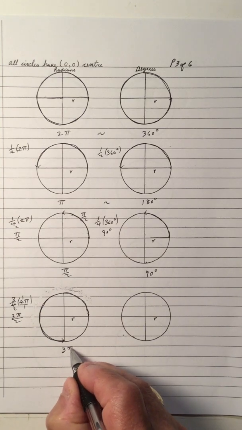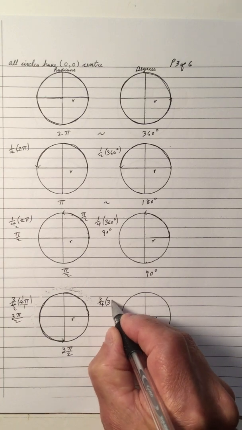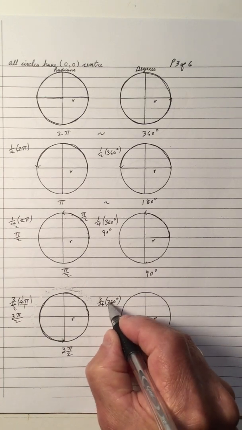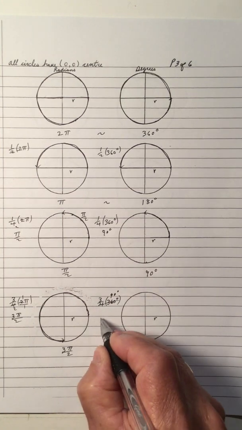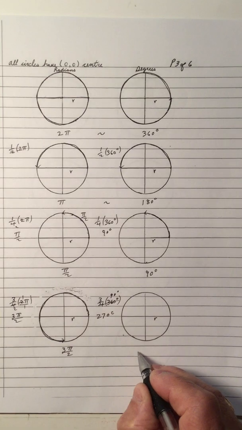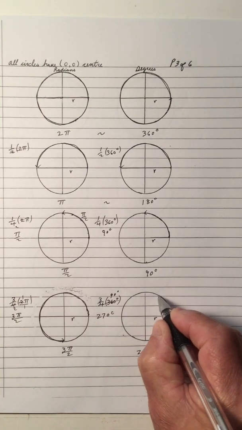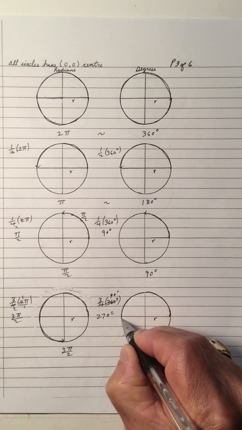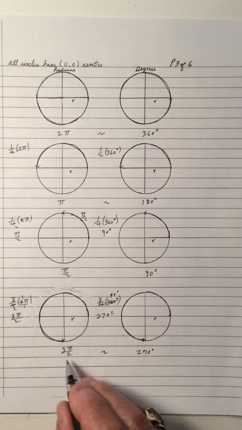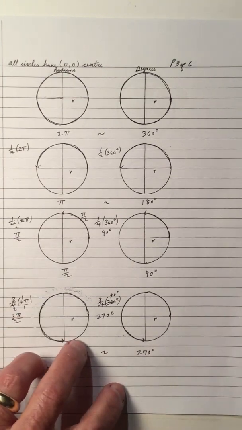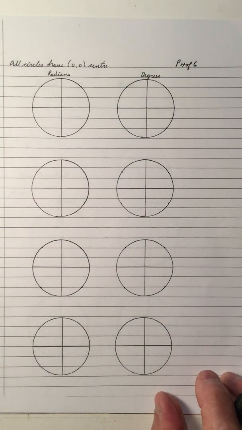So 3/4 of 360: 4 into 360 goes 90, and 3 times 90 is 270. So a 270-degree rotation on a circle is 90, 180, 270. So 3 pi over 2 is 270. So I'm relating the radian rotation to the angular rotation.